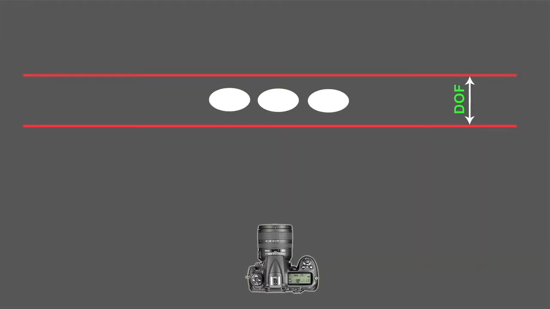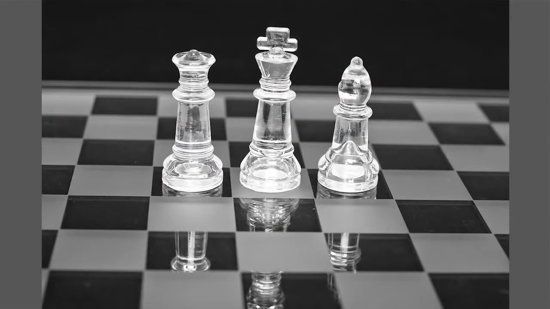Let's add two more subjects and put them next to the subject on which we are focusing our camera. So this way all three subjects are pretty much the same distance from the camera. Let's see how it will work in practice. As you can see, all three subjects are in focus.